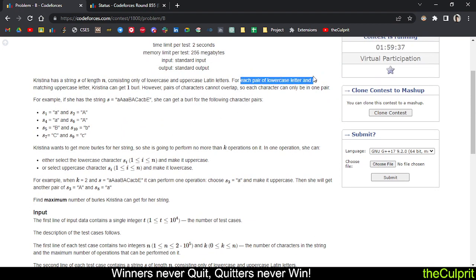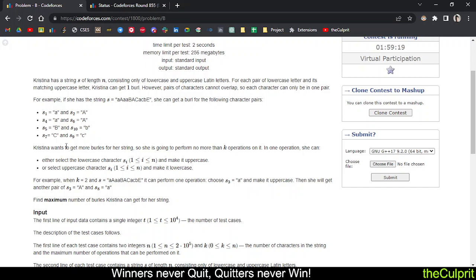For each pair of a lowercase letter and its matching uppercase letter, okay, if I have a letter and it is lowercase, and if you find another letter which is uppercase for the same character, then I will get one pearl.